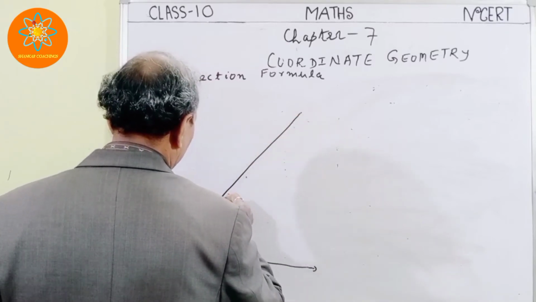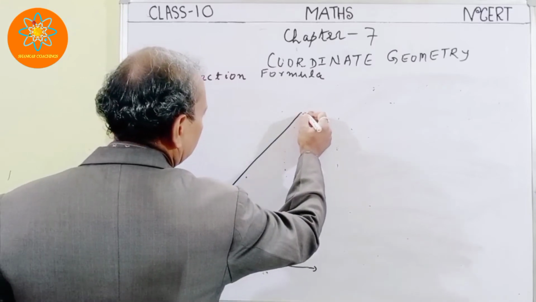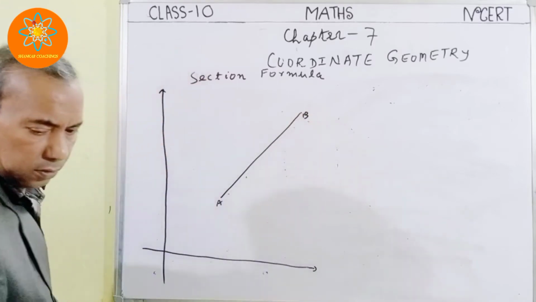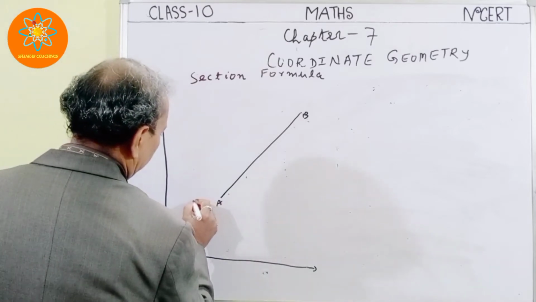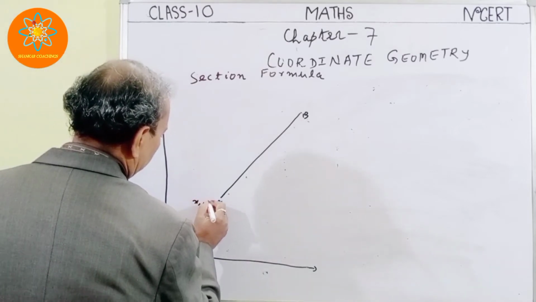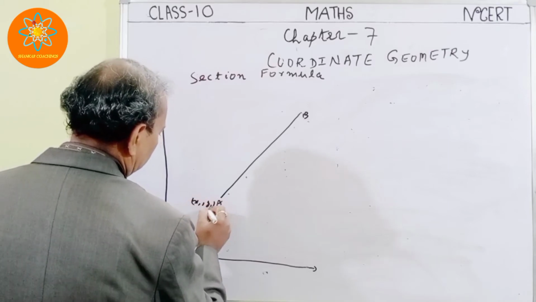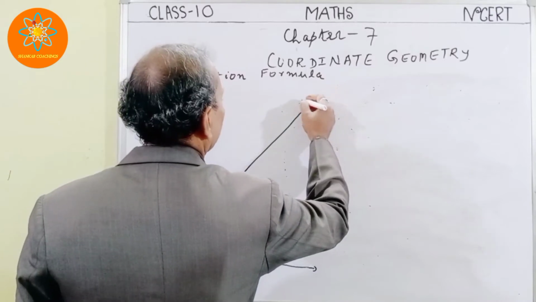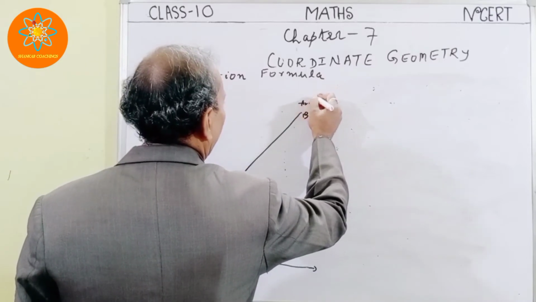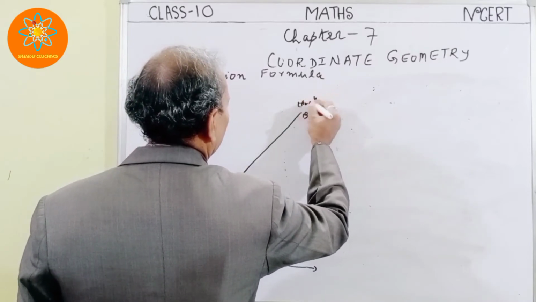A point is there and this one is the B point. A and B are the 2 points. A is (x1, y1), and B is (x2, y2).